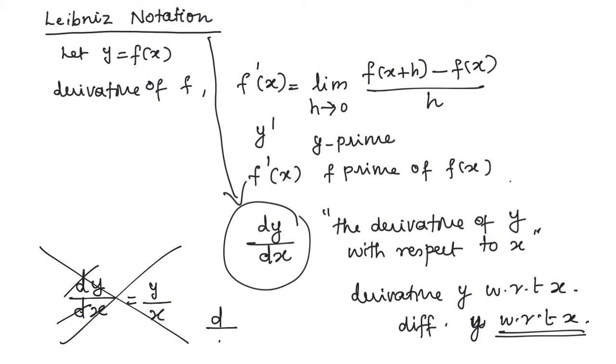This is basically saying derivative of y with respect to x. So d over dx of y, or we can write d over dx of f of x. So we are differentiating f of x with respect to the variable x.